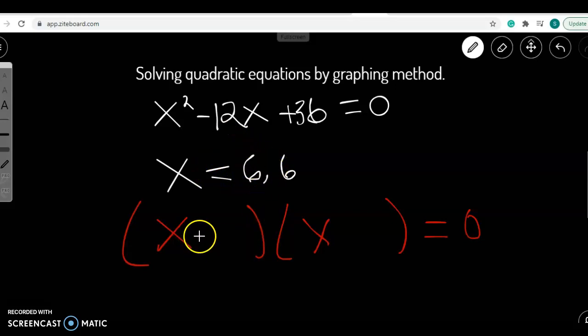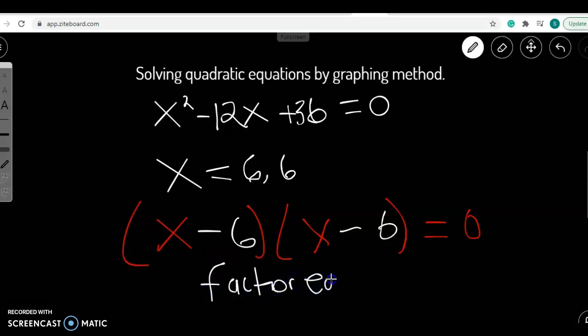It's positive here, so when it comes here it's going to be -6, and it's going to be -6. Along the line, as we move on through the lesson, I'm going to show you how, if you have this factored form, you can go to the standard form. There is a route that we can follow to do that. So this is a factored form, or these are the factors. Okay, I hope it helps.